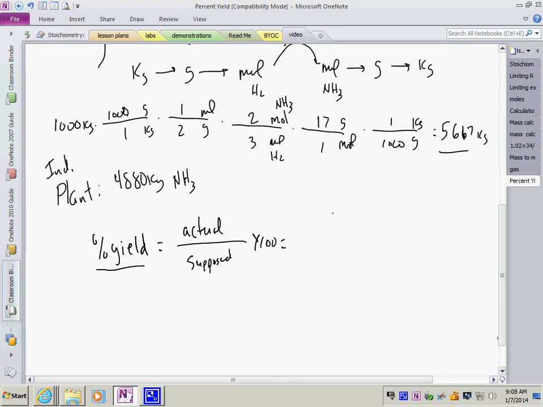I'm going to plug in what I actually got: 4,880 kilograms divided by 5,667 kilograms. Make sure your units are the same, times 100. If I got 5,667, I'd be at 100% yield. But in this case, that's not what I got.